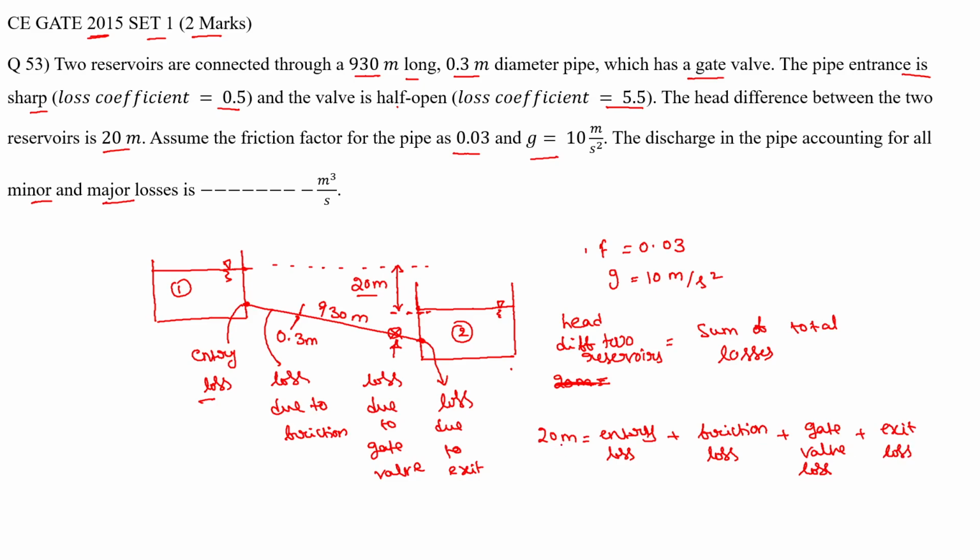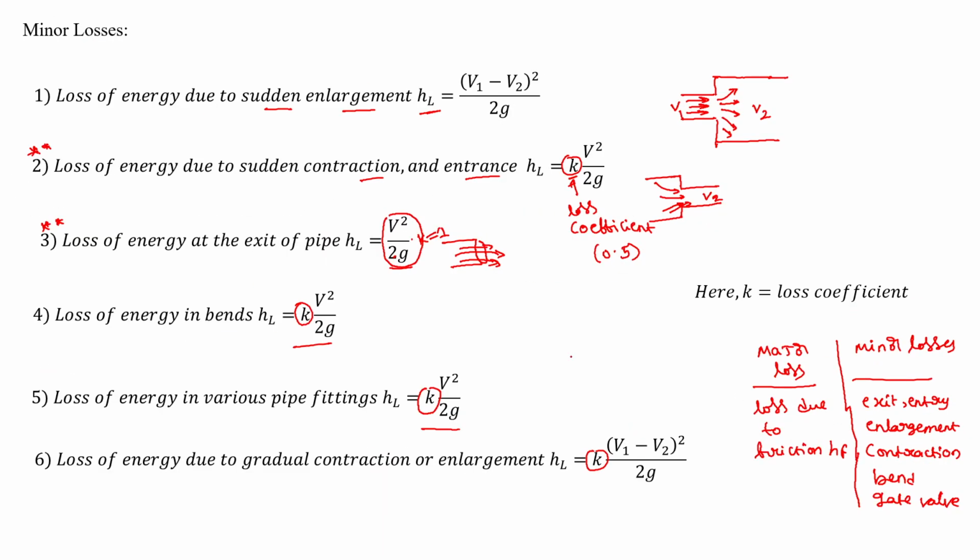These are the total losses. Do we know the formulas for all these losses? Yes, we know. I have shown you in the previous slide. The loss due to entrance we know, the loss due to exit we know, and various pipe fittings we also know. Gate valves also come under pipe fittings only.